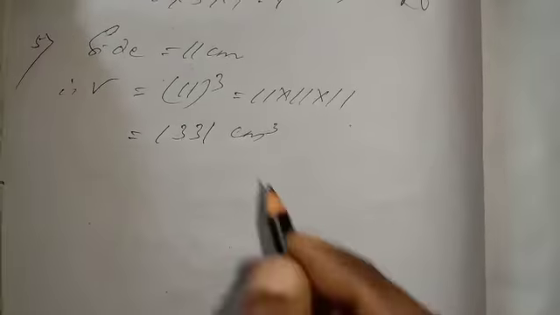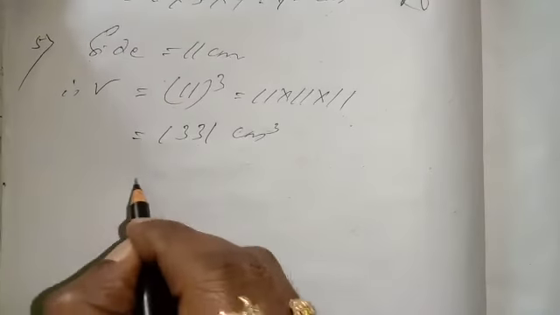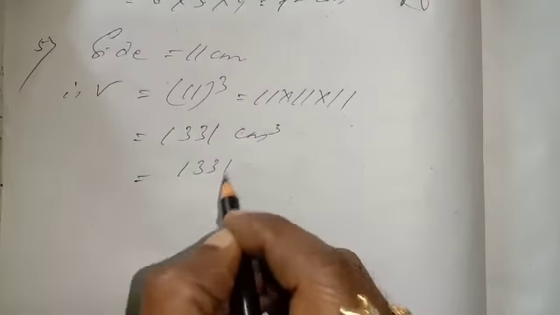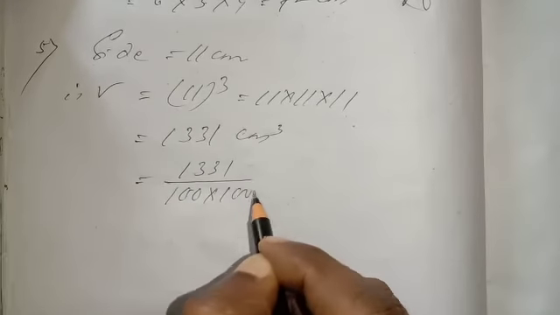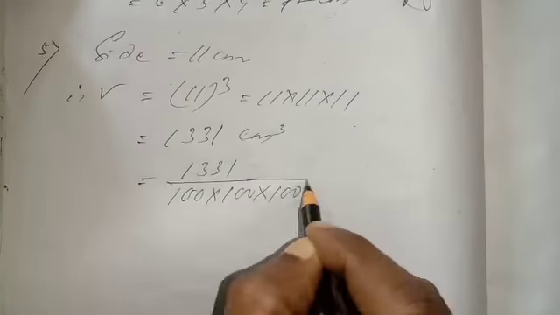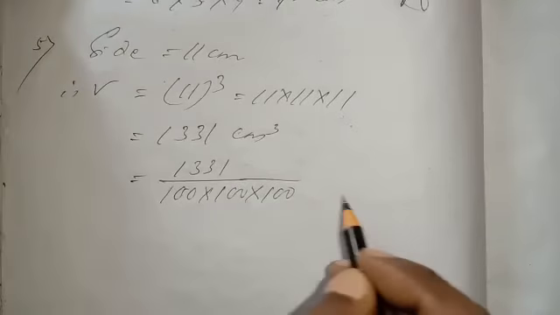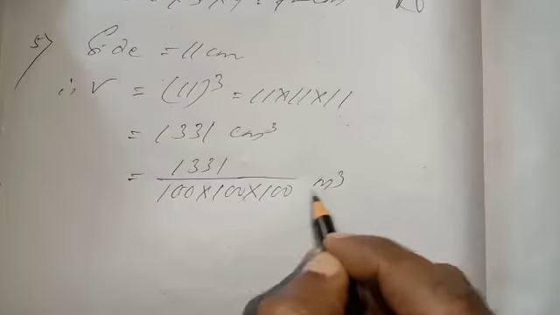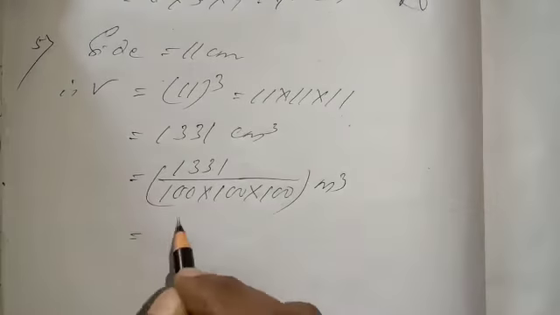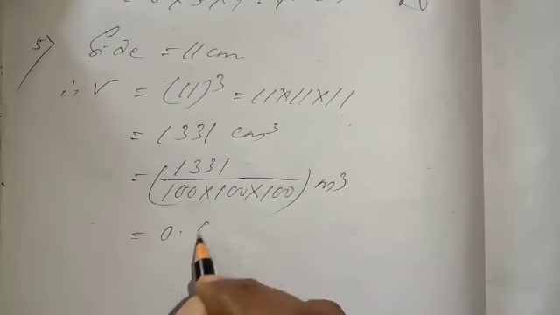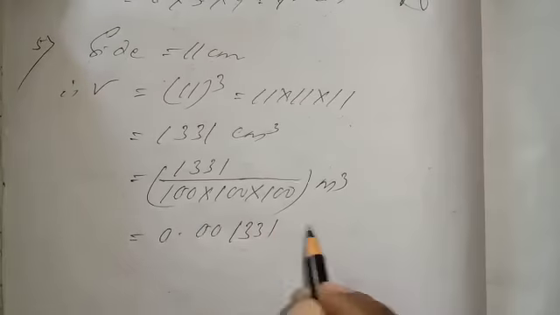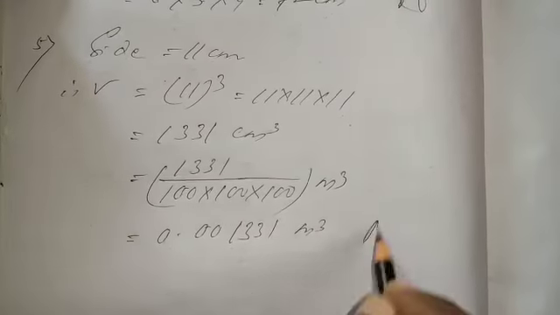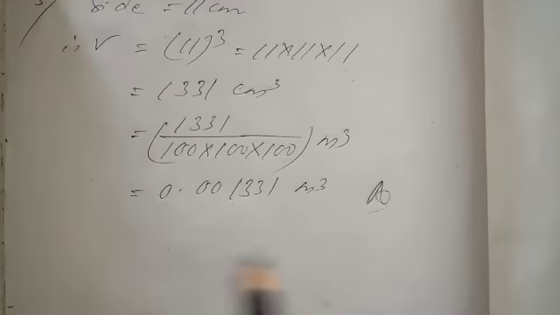If you are interested to convert to meter cube, you have to divide 1331 by 1 meter equal to 100 centimeters, cubed. The final answer will be 0.001331 meter cube. Okay, number 5 completed.